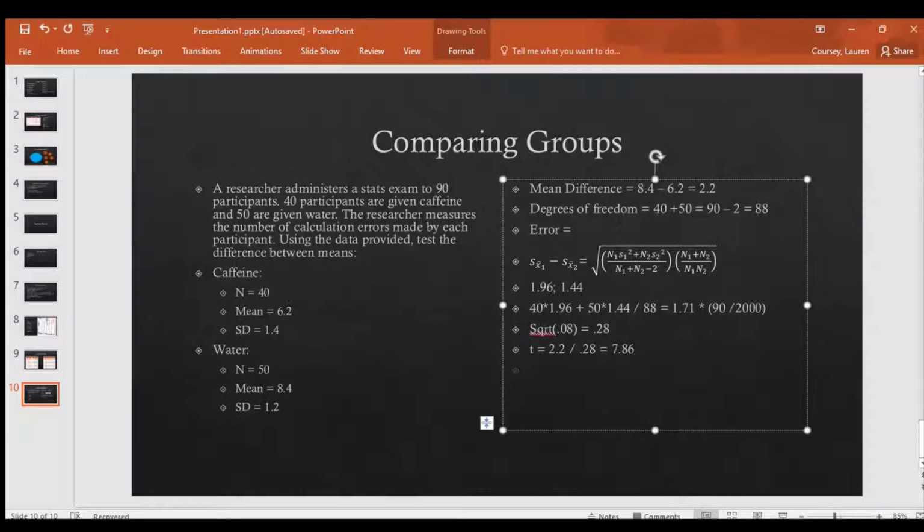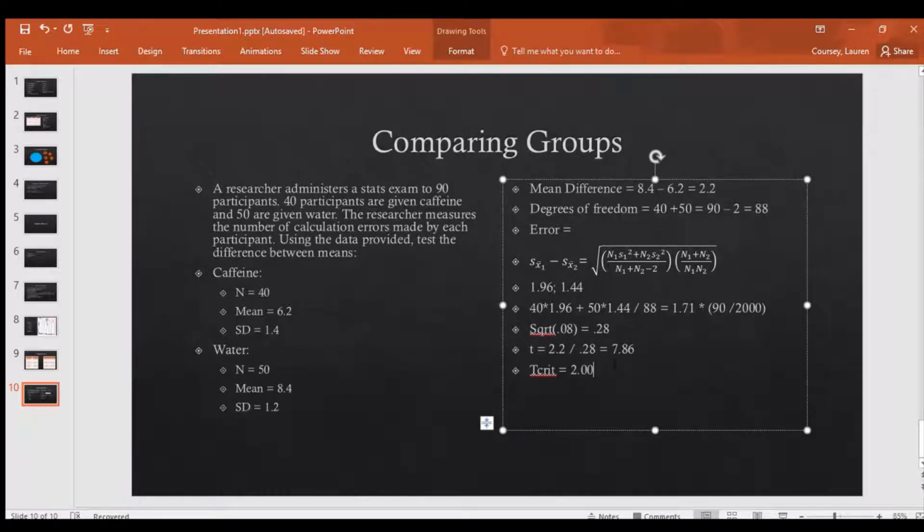And so we can go back to our example. Say the t critical value equals 2.00. We're comparing that to our t obtained of 7.86. And so our obtained t is larger than our critical t.